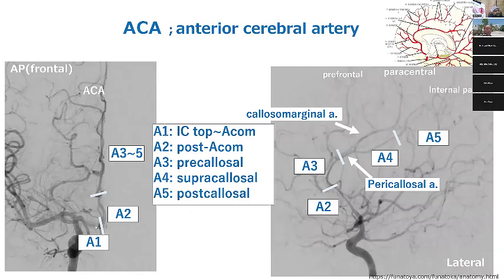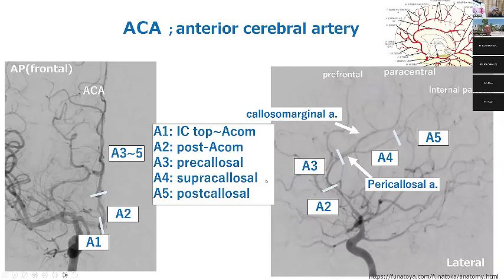A1 refers to the portion from the top of the internal carotid artery origin to the anterior communicating artery here. A2 is the post anterior communicating artery segment here, below the corpus callosum.